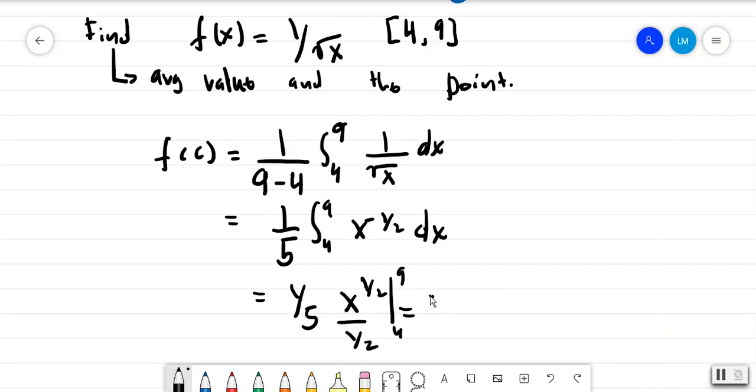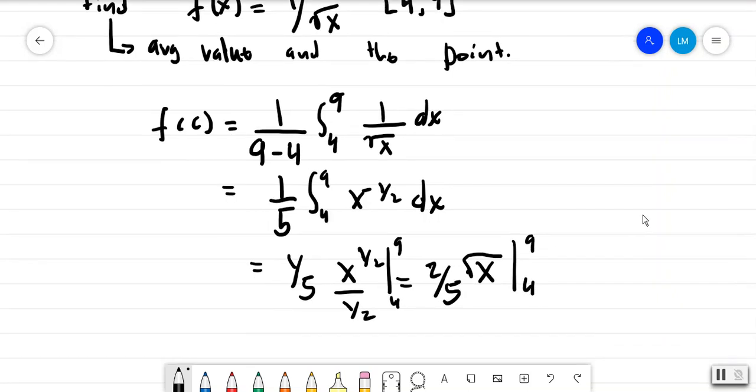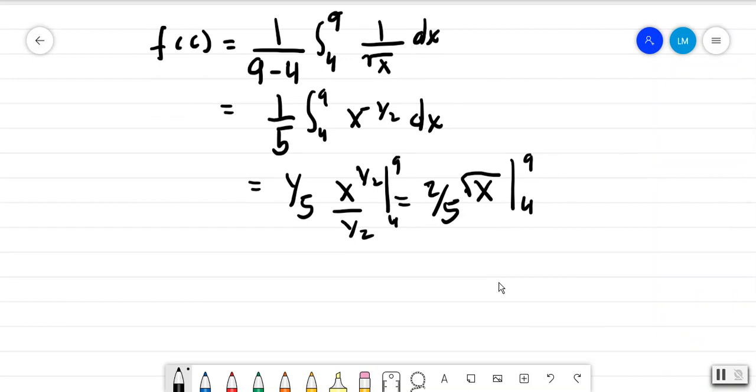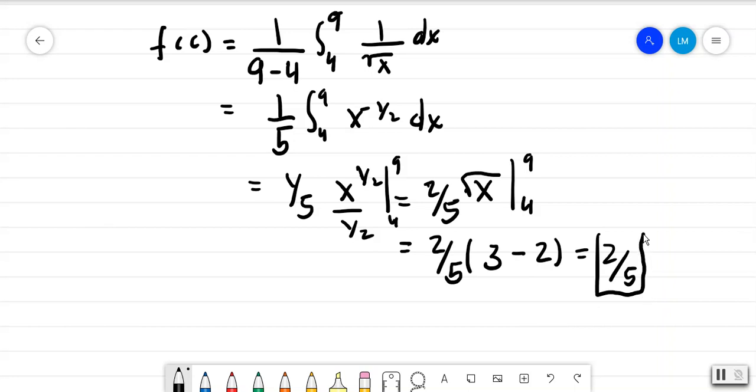So this is going to give me 2/5 times the square root from 4 to 9. All that we have left is 2/5 times root 9, which is 3, minus root 4, which is 2. So that's going to give us just 2/5. So the average value is actually just 2/5.